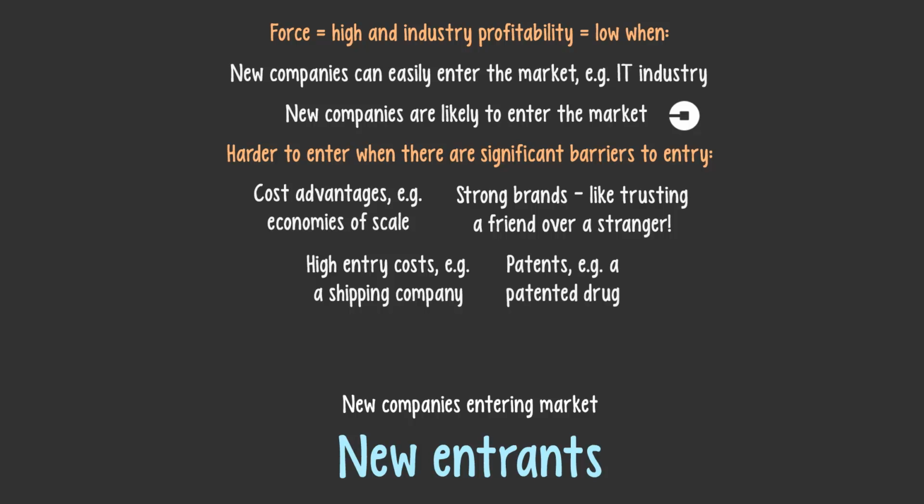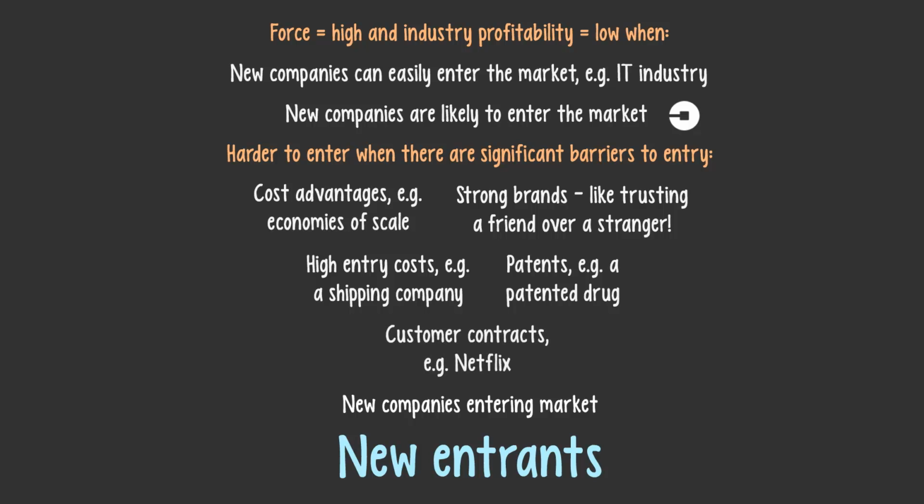Now, obviously, a patent protects certain formulas or inventions or products. And of course, if you as a company have a patent, it means that other companies can't come and copy it. And again, that gives these barriers to entry because the new competition just can't compete.